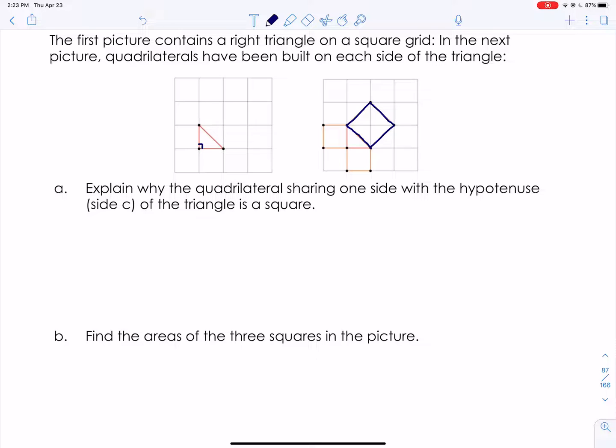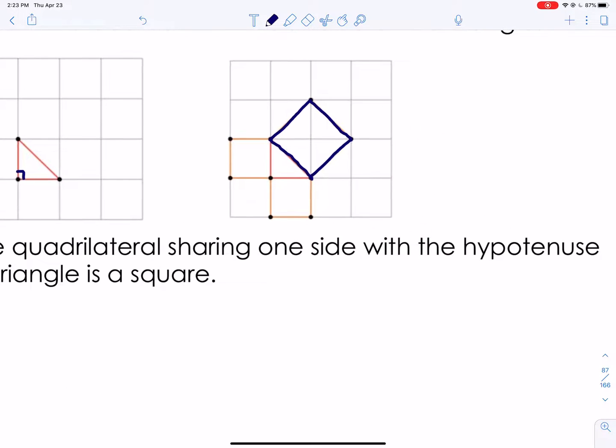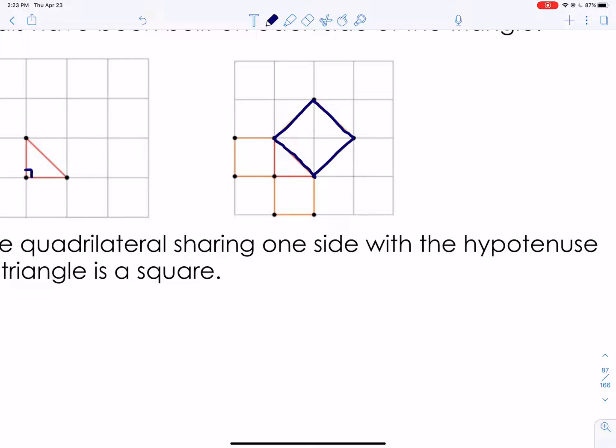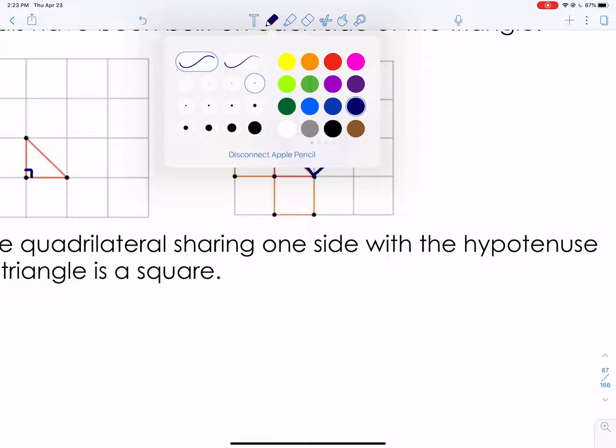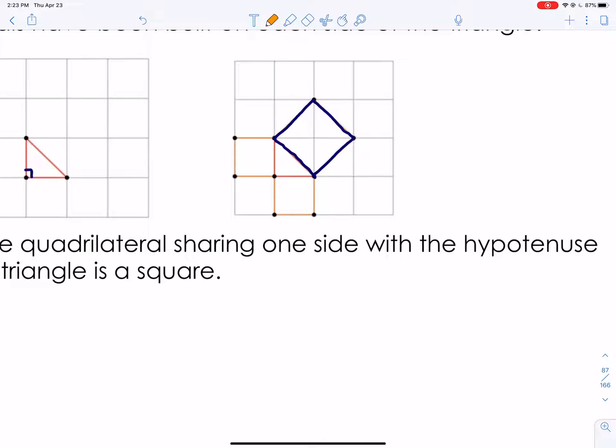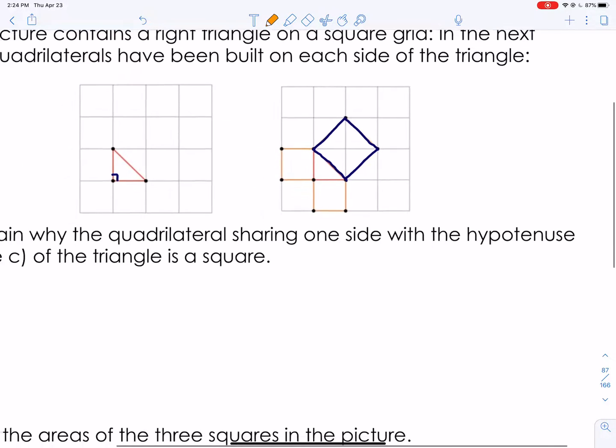So I'm going to answer this without really even using Pythagorean theorem. I don't really see the need to use it. So let's just take a look at what's going on here. I'm going to break this up into triangles. So remember, in order to be a square, so what does that mean, a square?